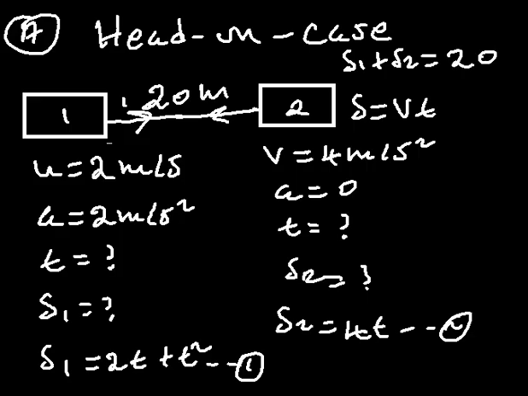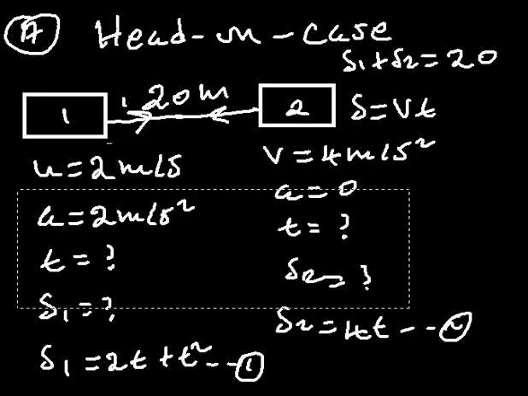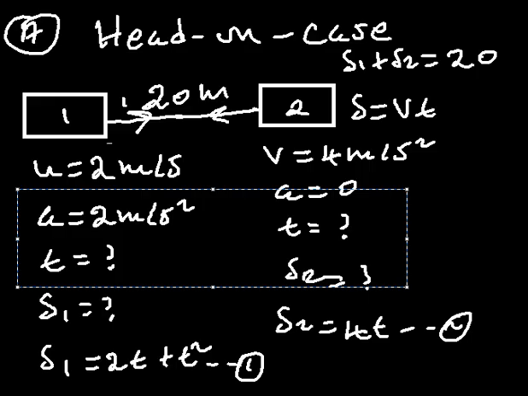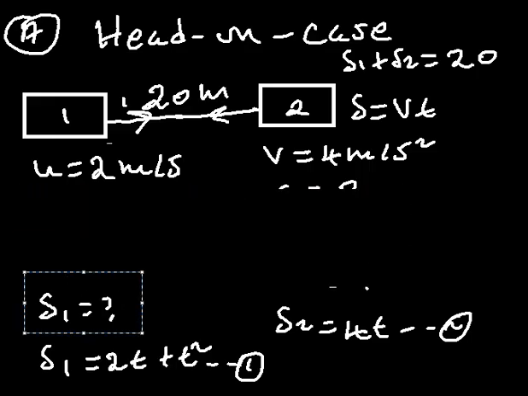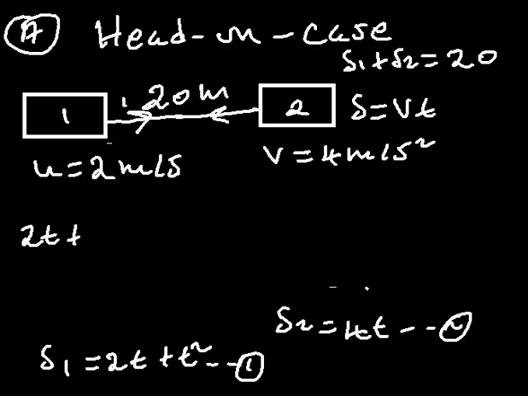For that case, we have 2t plus t square plus 4t, which is equal to 20.